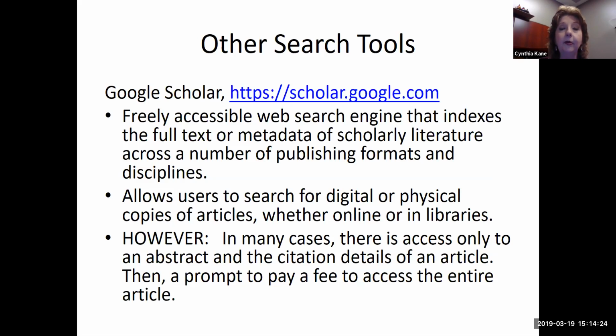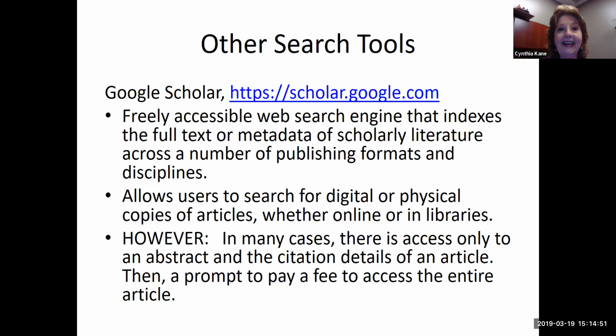And many authors will go ahead and upload their articles freely online because they want other people to access that information as well. However, just as common with Google Scholar is that you can hit something called a paywall. And a paywall can happen when you are looking in Google Scholar and you find a reference and an abstract or a summary of an article and you think, this looks really good, I want to use this for my research.